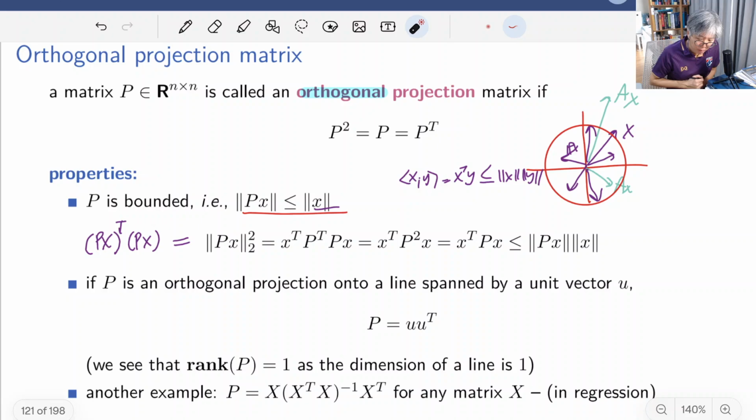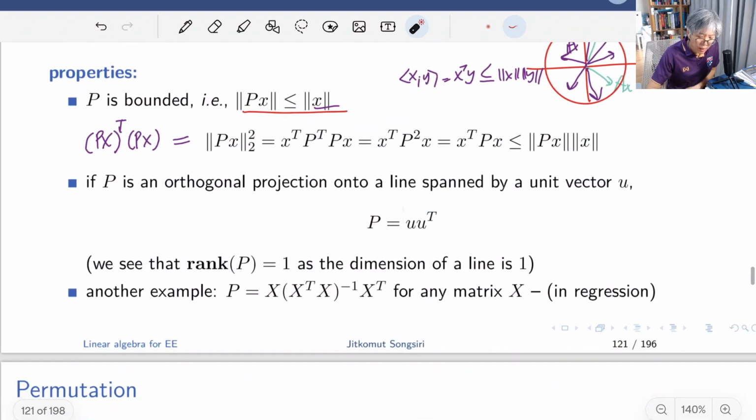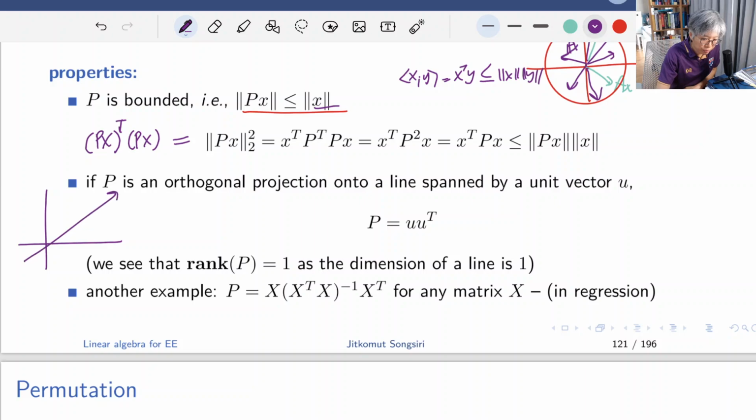We already saw some examples of orthogonal projection when we talked about inner product spaces. Suppose this is a line in the direction of a vector u, and you want to project y onto u.